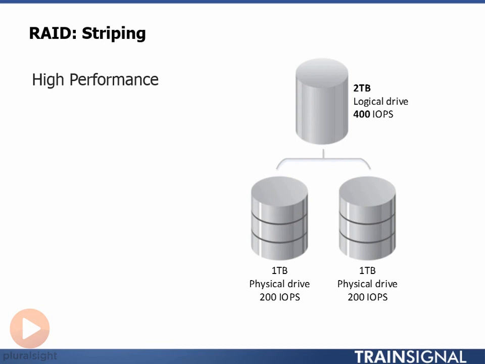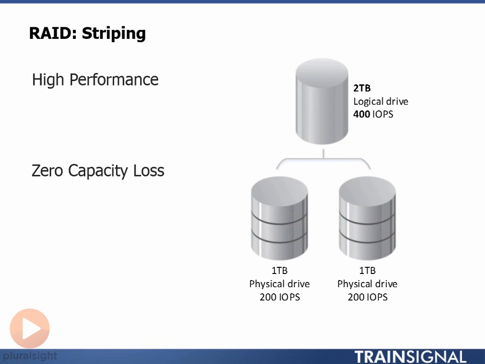In our 2-drive example, if we assume that each of our physical drives was independently capable of 200 IOPS, then the logical drive created from them would be capable of 400 IOPS. That is the combined IOPS of both physical drives in the stripe set. This is a form of parallelism. But what about capacity? Striping has no overhead like mirroring does, so it has 0 capacity loss.